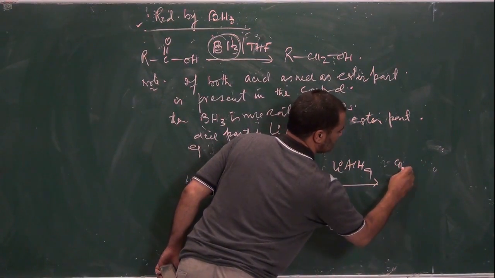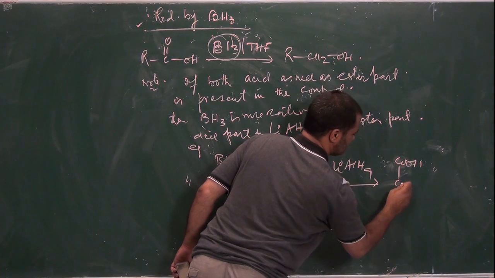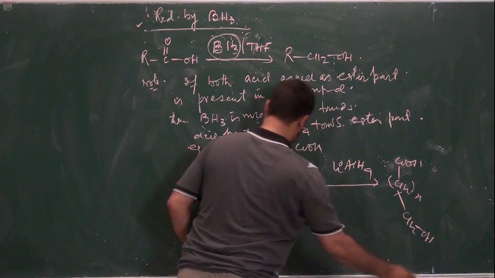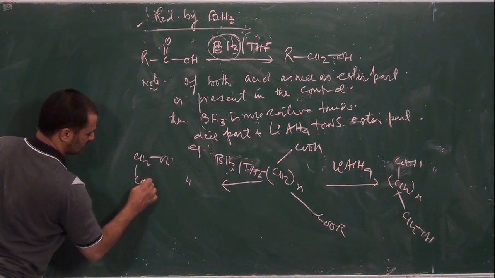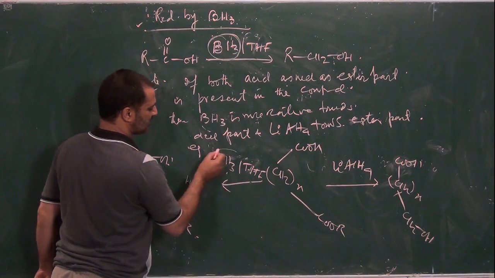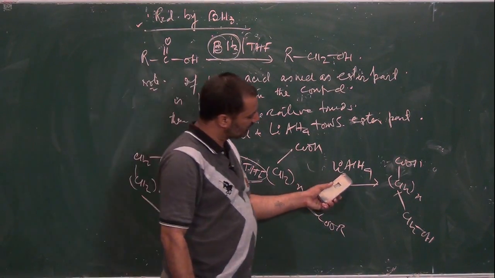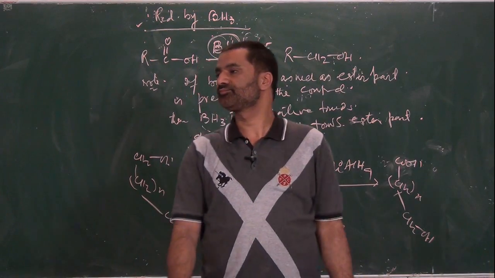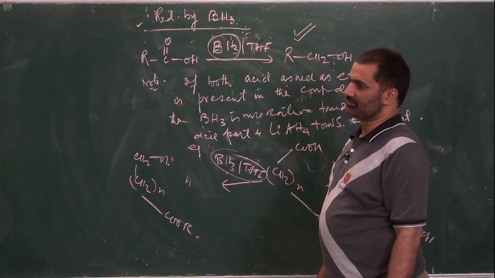It will be CH2COOH, CH2 whole N and CH2OH. Here it will be CH2OH, CH2 whole N and COOR. So BH3 is more reactive towards the acid part and lithium aluminum hydride is more reactive towards the ester part. So this was about reduction of esters and their derivatives.